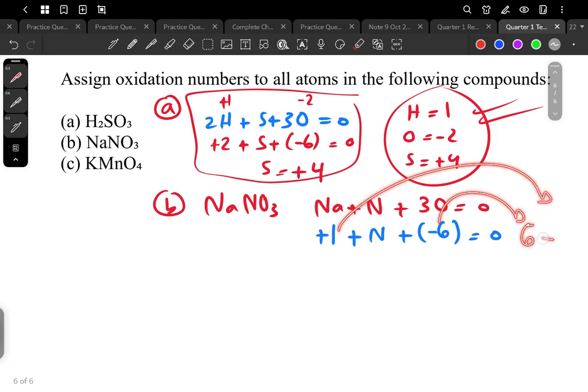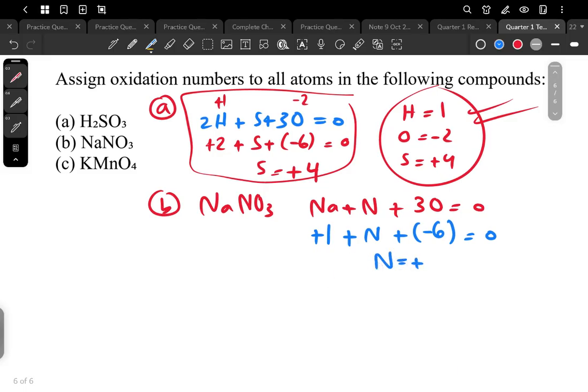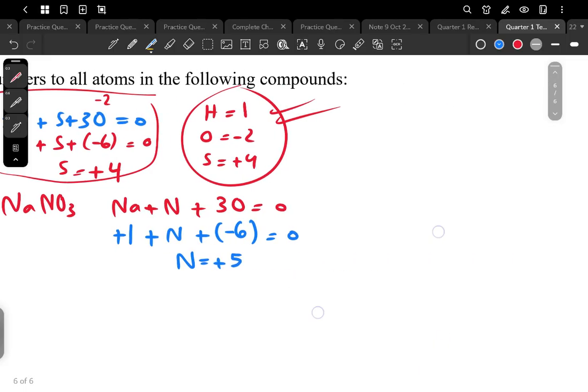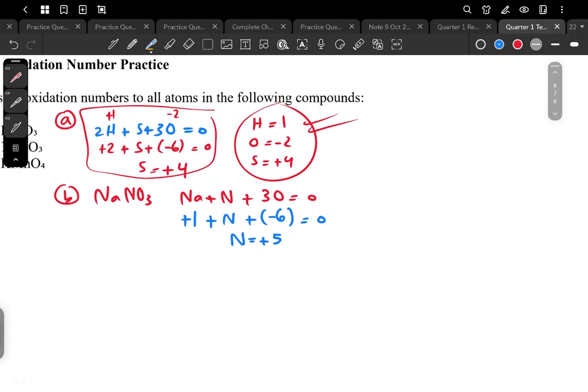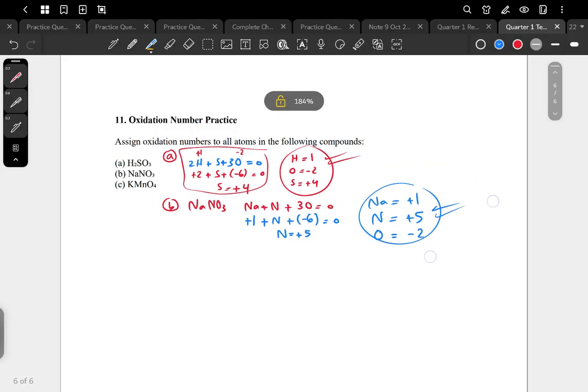Positive 1 to the other side, negative 1. So the N has an oxidation number of positive 5. So in this case, I'm going to write down that Na has an oxidation number of positive 1 because it belongs to the first group. N, we calculated positive 5, and oxygen originally has an oxidation number of negative 2. This is the answer. Okay.